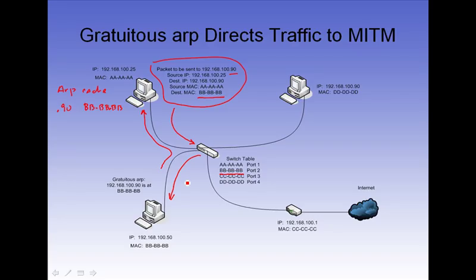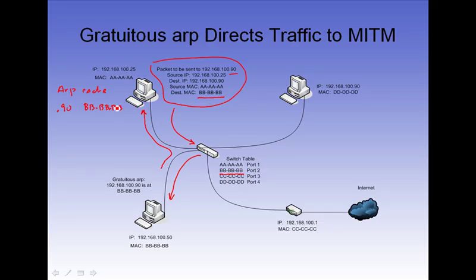Now never mind that the IP address is .90. By manipulating the MAC addresses, the packet is actually going to be sent over here to the .50 machine, because the .50 machine has the MAC address that the original sending computer found in its ARP cache that corresponds to .90.